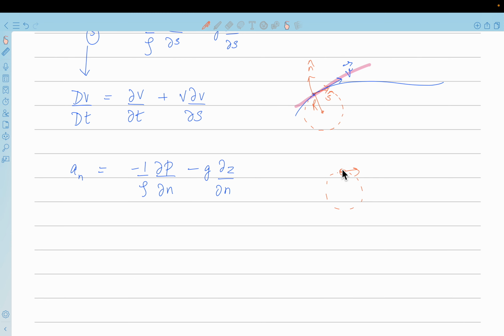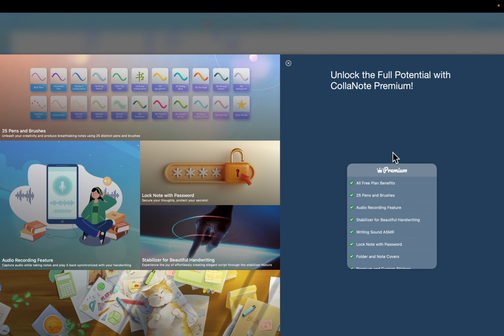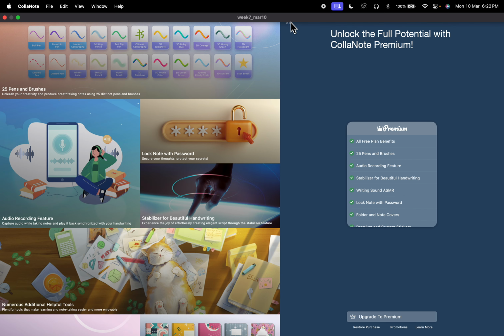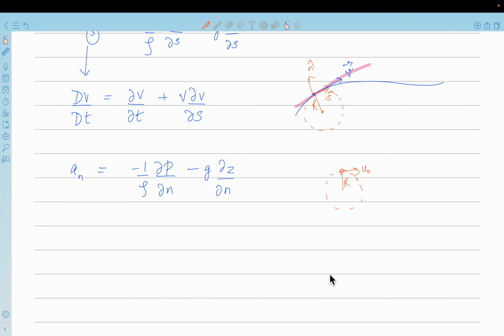If it is just moving along this circle and this is the radius, moving with some velocity, let's say u naught, then what is the centripetal force or centrifugal force that it experiences? Here it is u naught square by r, right? So the same thing is going to apply in this case.